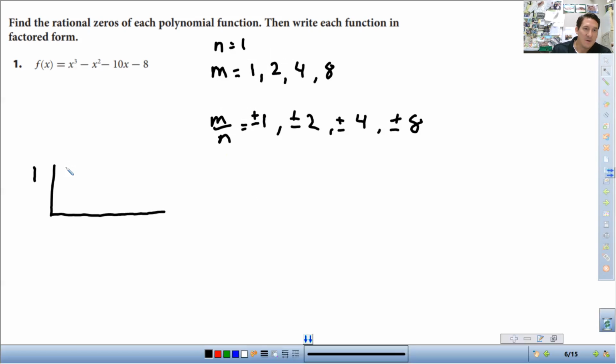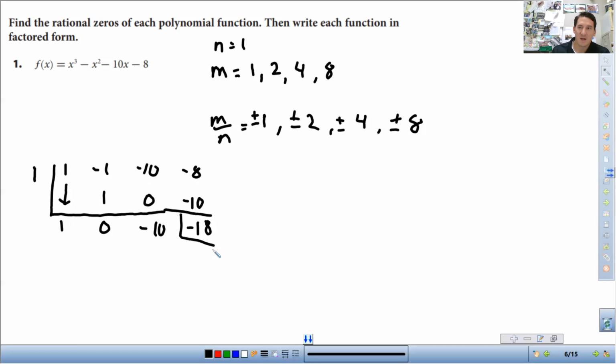So 1, -1, -10, -8. I'll use synthetic division real quick. Bring down the 1. 1 times 1 is 1, that's 0. 0 times 1 is 0, then negative 10 times 1 is negative 10, and you get negative 18.